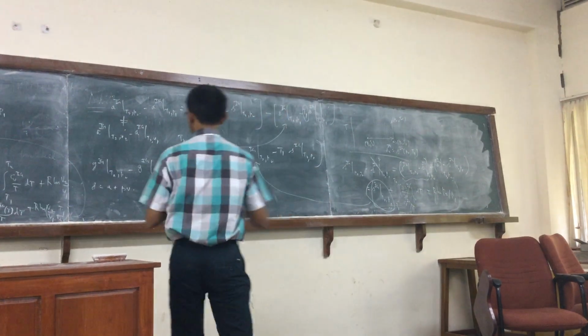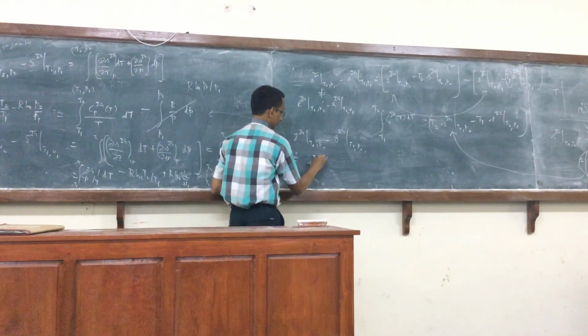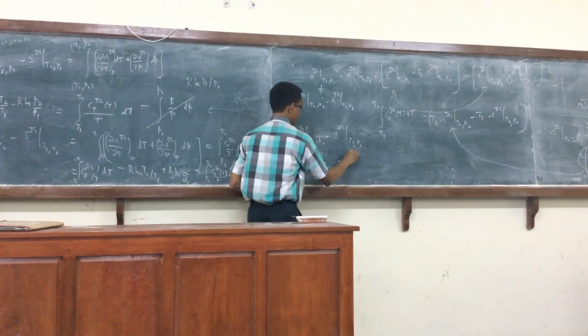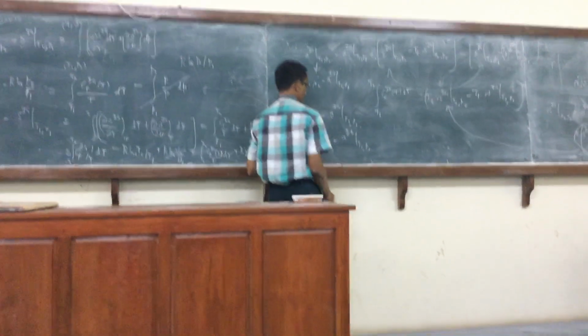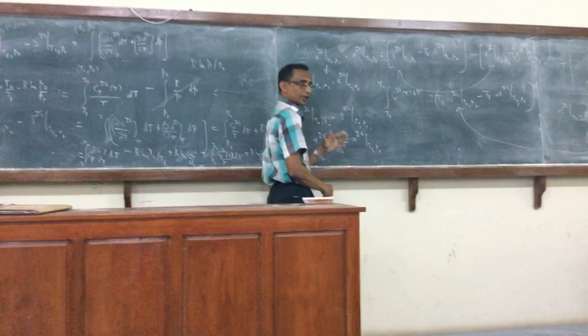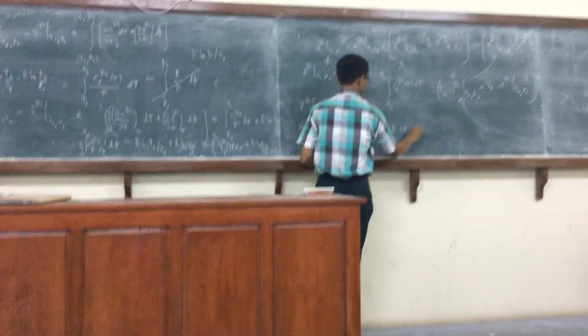So I can easily write this as A plus PV is G, and PV is RT for the ideal gas. So clearly this will be R times (T2 minus T1).